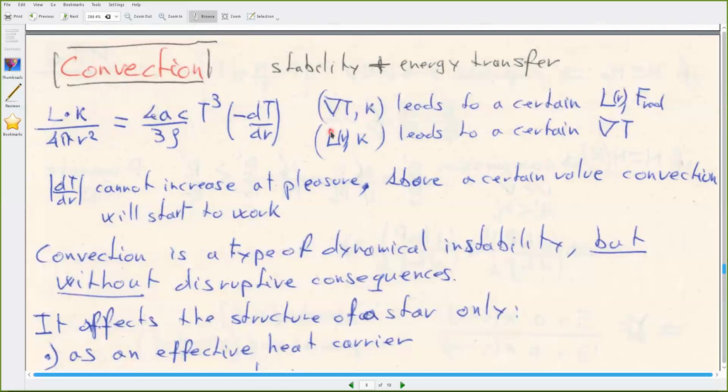If outside the core, where there is the nuclear reaction, the luminosity is essentially constant.